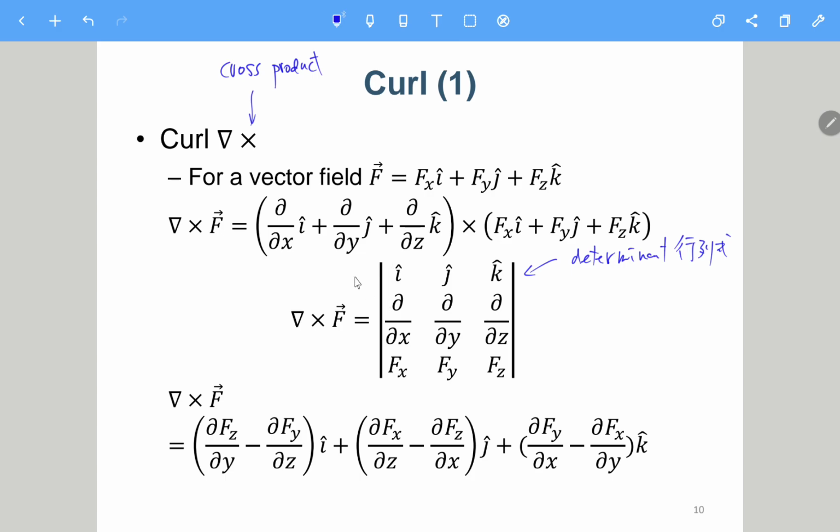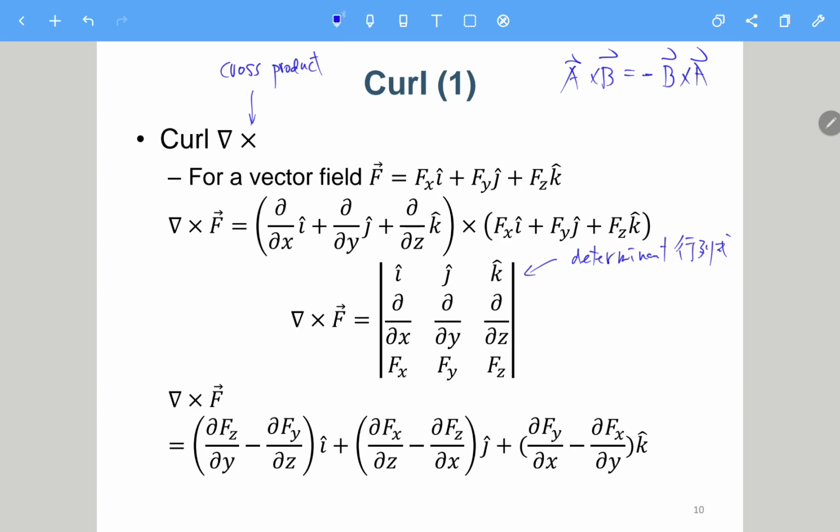The procedure is that you write i hat, j hat, k hat as the first row. For the cross product, you should be careful that A cross B and B cross A are not the same; it should have a negative sign. So don't try to swap the order of the cross product.